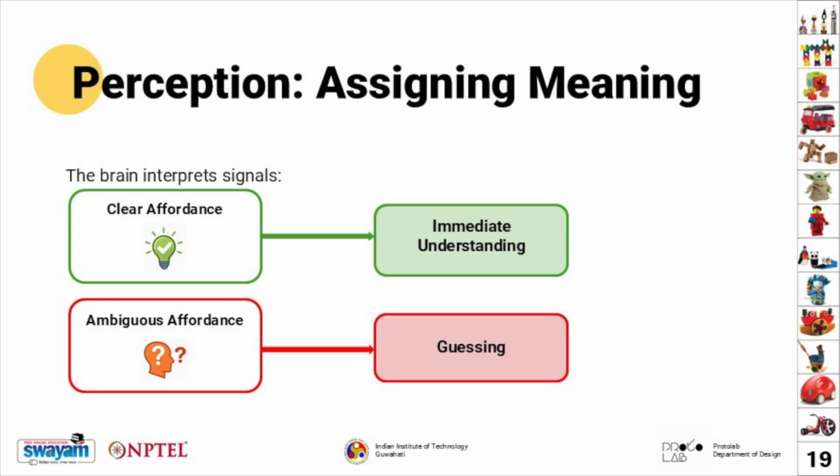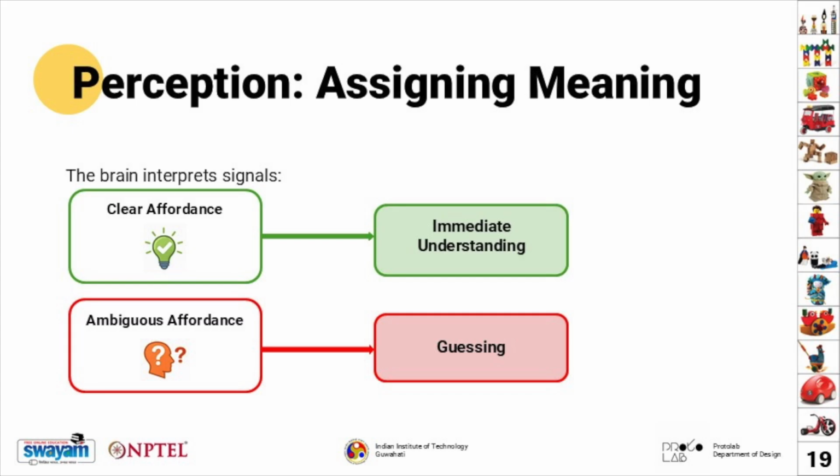Perception converts sensation into meaning. The child interprets what an element is for. For example, a protruding shape invites pressing, or a handle invites pulling.